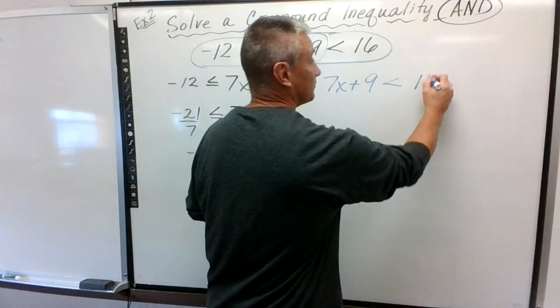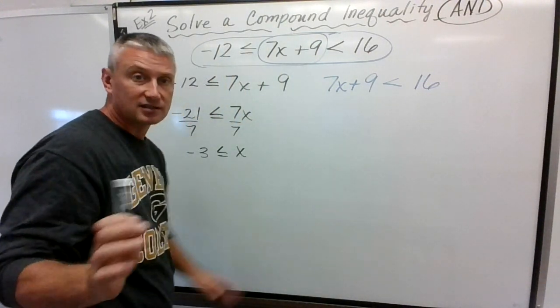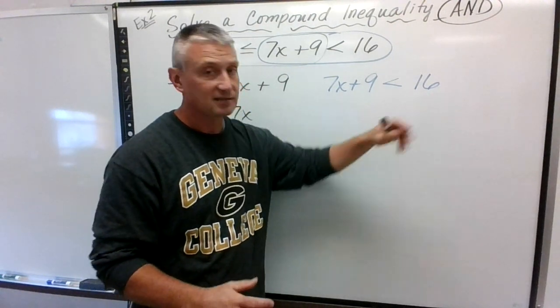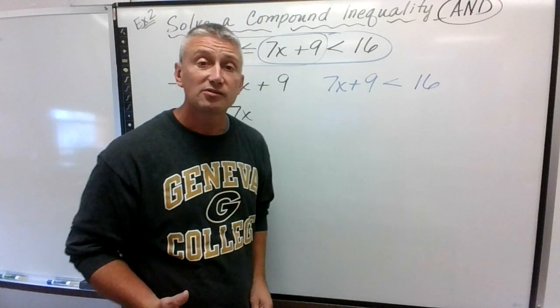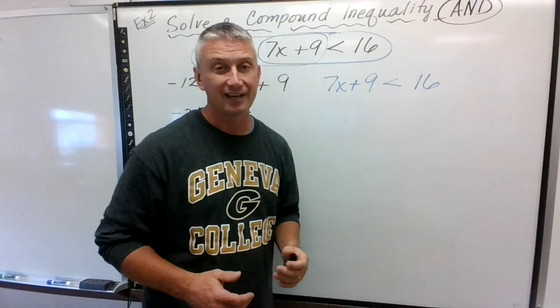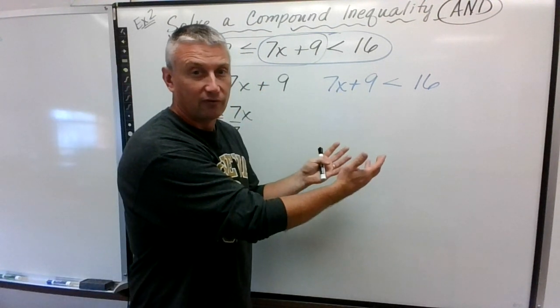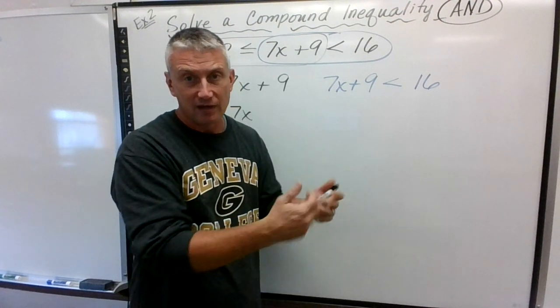Is less than 16. Now I'm going to switch back to the black marker just because I think you guys can see it better. So here we do the same thing again. This is simplified, that side simplified. Let's use our properties of equality. We're going to use the subtraction property of equality because it's plus 9, so we take 9 away from both sides. If you can remember that about an inequality, you're doing the same thing to both sides.